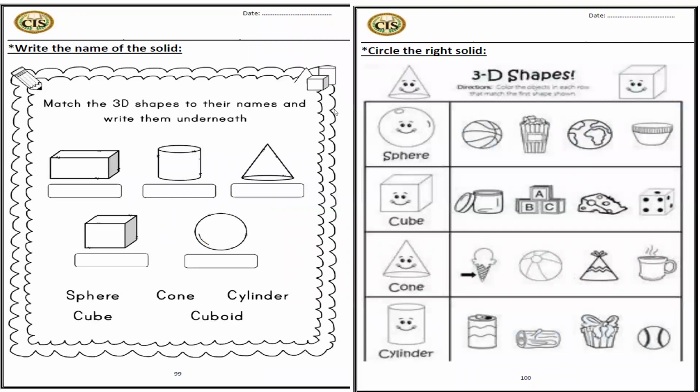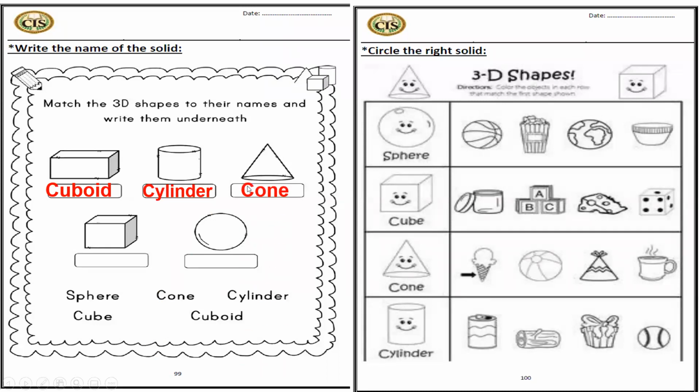Now let's write the names of the solids. Match the 3D shapes to their names and write them underneath. The first shape is cuboid. The second shape looks like a cylinder. Excellent, cylinder.